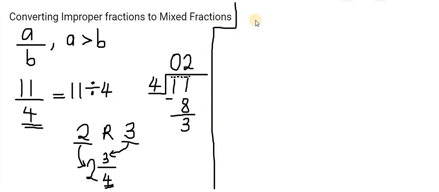So, if we decide that we wanted 7 over 5, remember this line is the same as saying 7 divided by 5. So we take it to the division table.